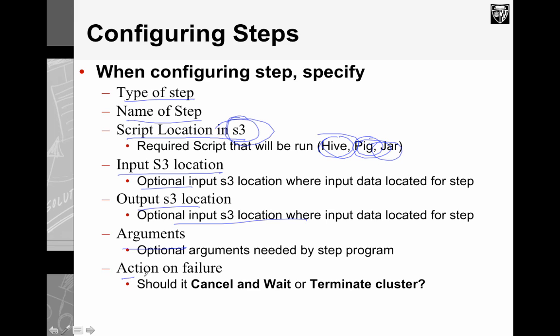And then action on failure. Well, what should you do if you execute a step and that step fails? Should you cancel and wait on the cluster, or should you just terminate the cluster? That's actually an option that you can set when you configure the step. And when we go through the demo process, you will see all these things.